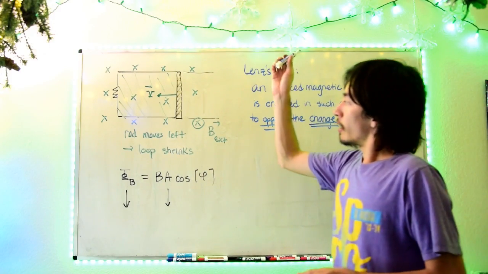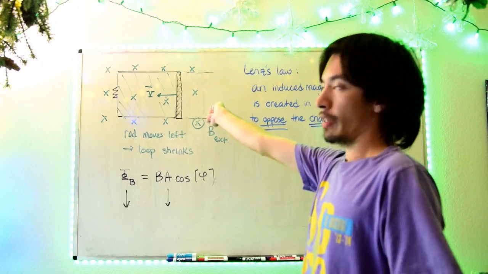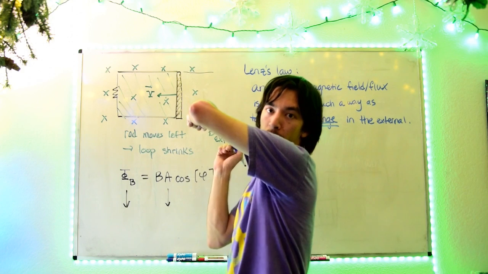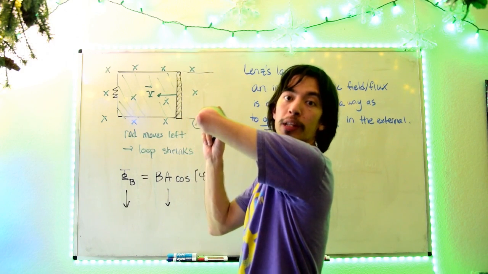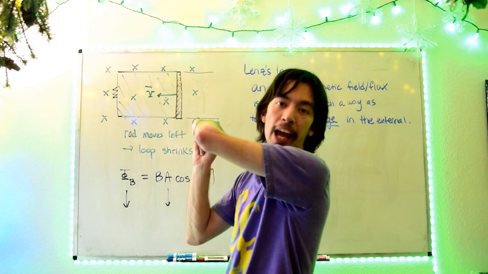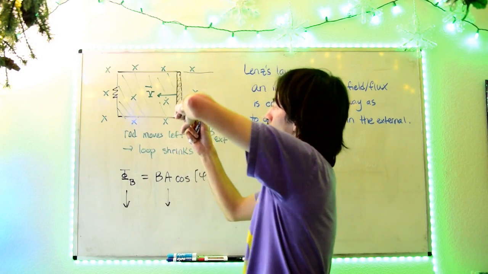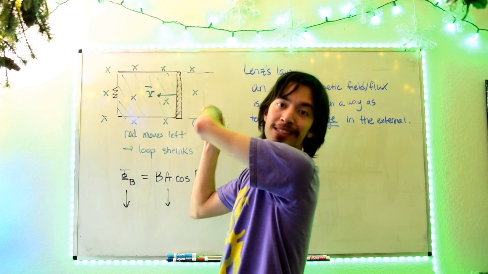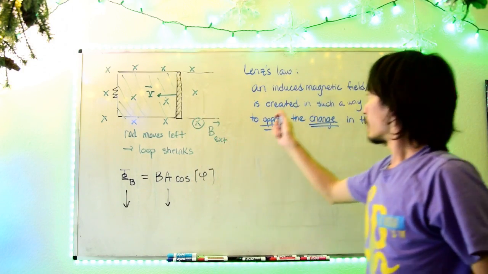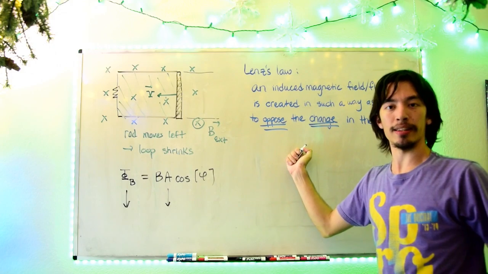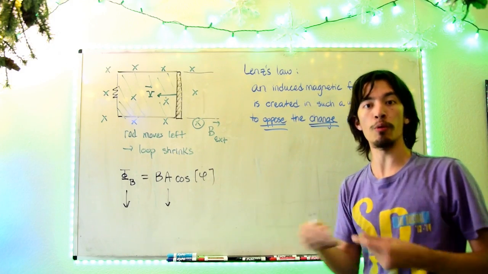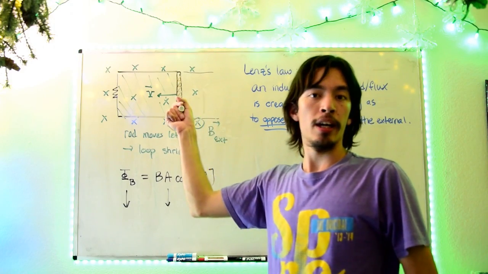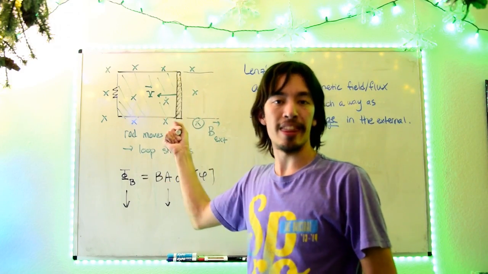So we understand that this magnetic field or flux points into the page, the external one. But we know that the flux is decreasing because the area is decreasing. So whatever we have going into the page is being taken away. It's decreasing. But Lenz's law says that it'll create something to oppose that change. It will prevent it from happening. So if it's being taken away, it's going to do something to keep it there.